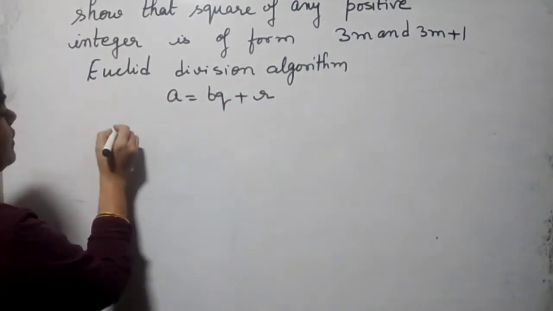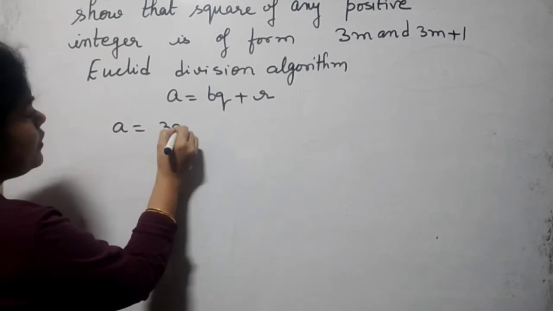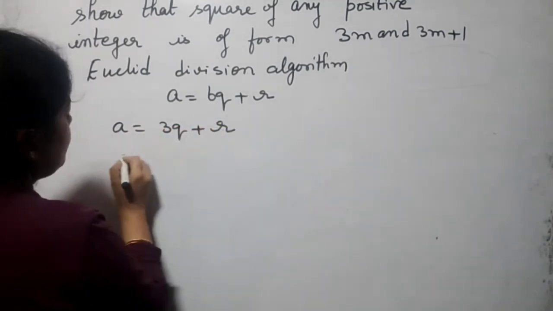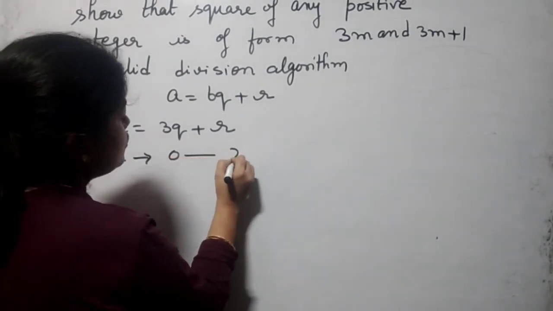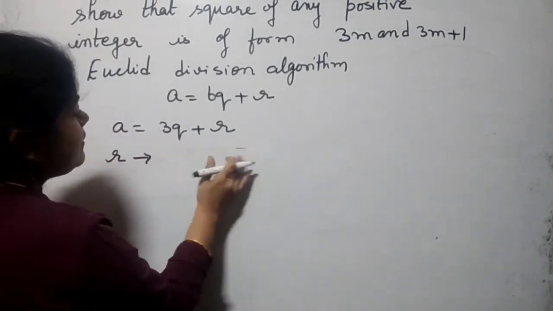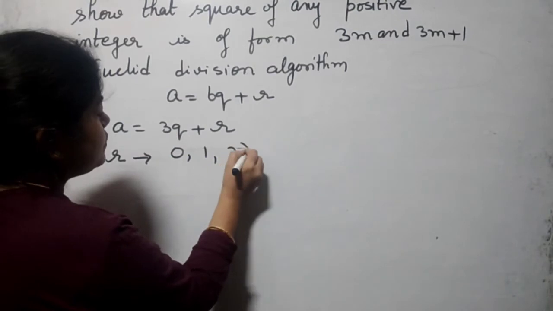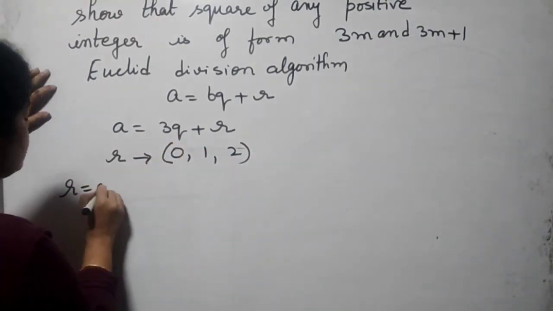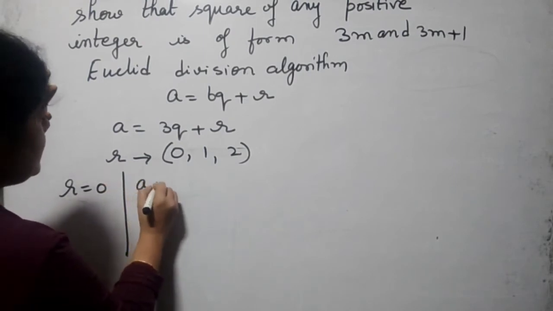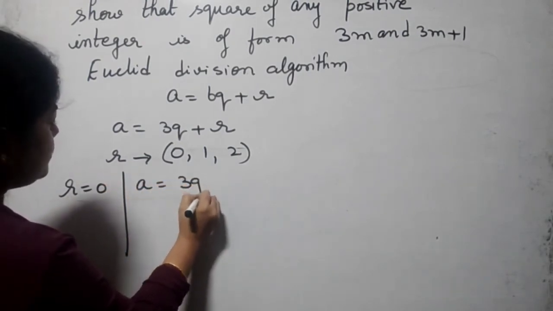Now substituting the values, A is equal to 3q plus R, where R has a value from 0 to 2. That means R will take the values 0, 1 and 2. Now substitute different values. If R is equal to 0, then A is equal to 3q.